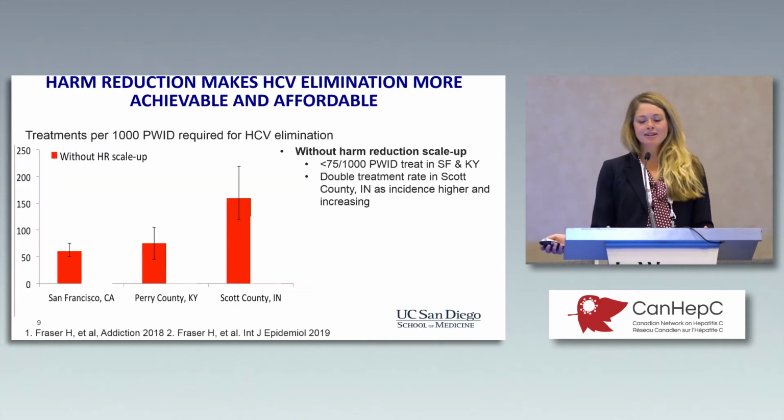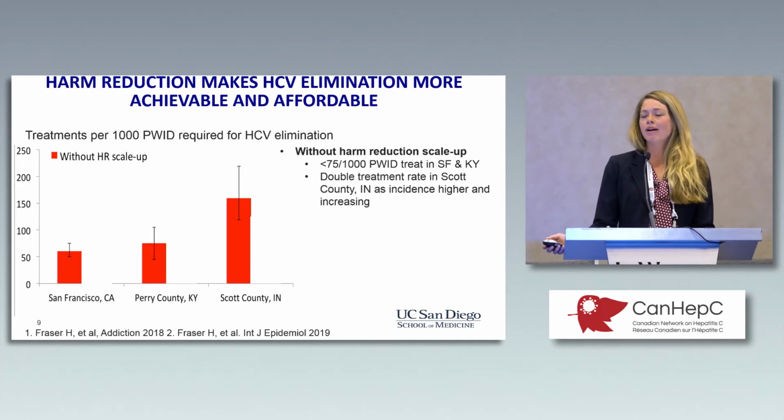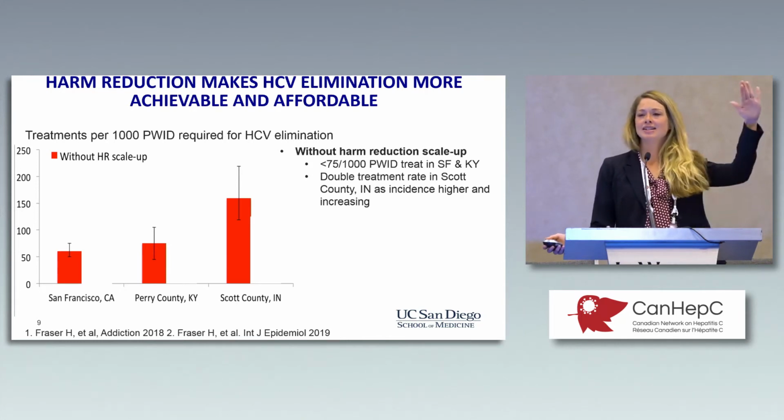And the reason why I go into that is because when we looked at what kind of treatment scale-up would be required in order to achieve the hepatitis C elimination goals of reducing incidence among people who inject drugs, we could see that the treatment numbers differed across these different settings, and more treatment was needed in Perry County and Scott County because of the increasing incidence in those settings.